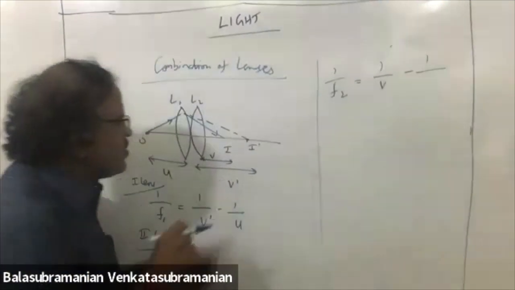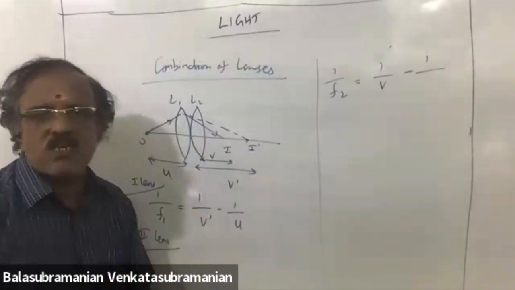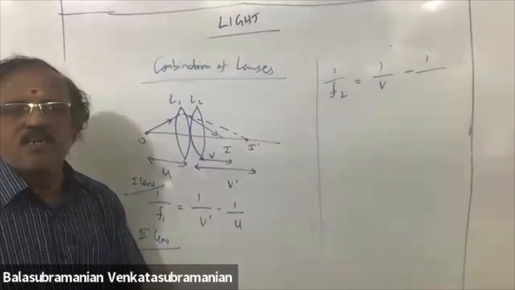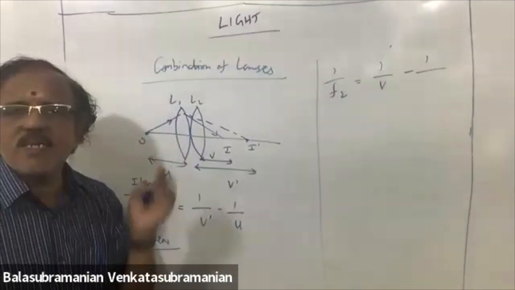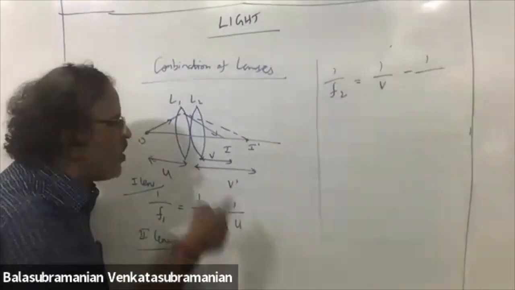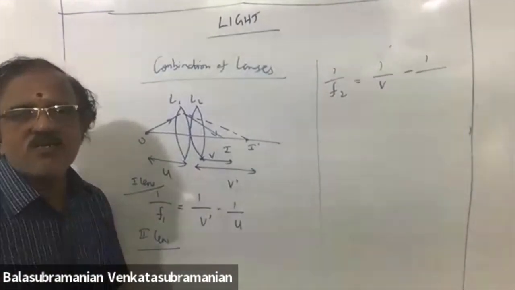For second lens, this I dash serves as a virtual object. That is, light has come to this side. Again, it cannot go back that side. So this I dash serves as a virtual object for the second lens. Object you need, but that is virtual.